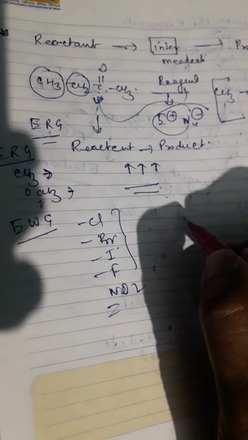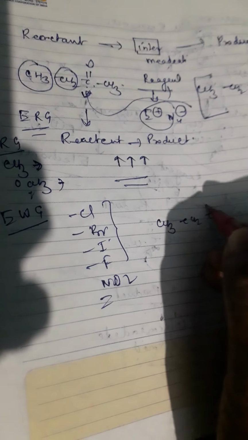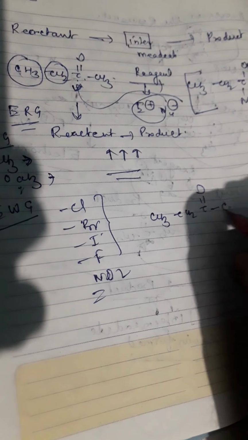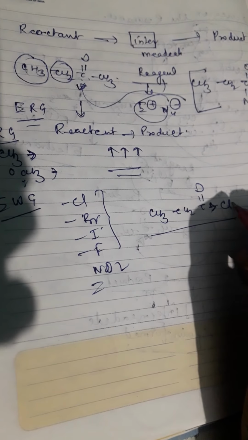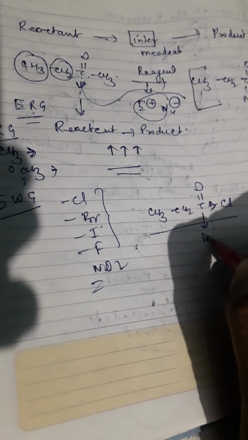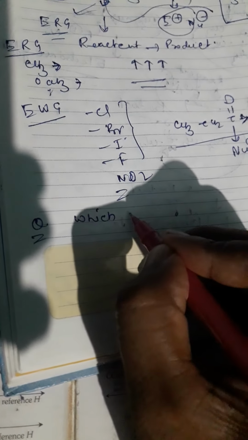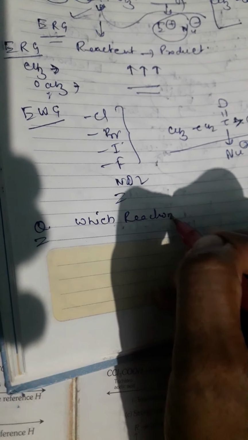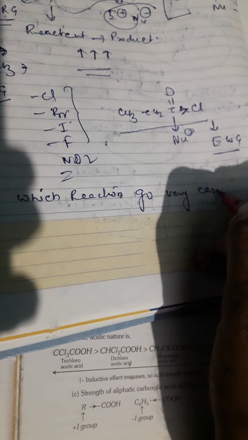Okay, so if electron withdrawing, suppose that this starting material contains this one, the electron density will proceed towards chlorine. So that's why the reaction will go less as compared to this one, because here an electron withdrawing group is present. So suppose that this question will be asked: which reaction goes very easily?